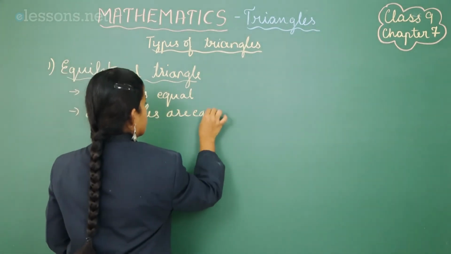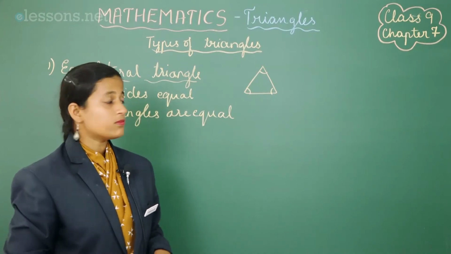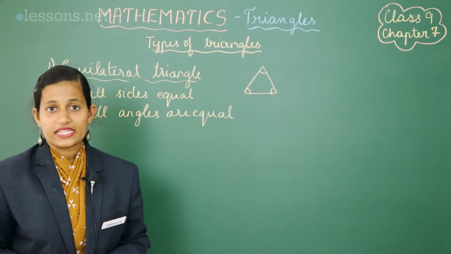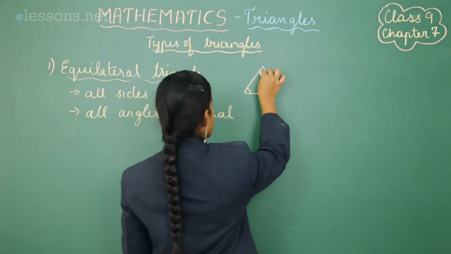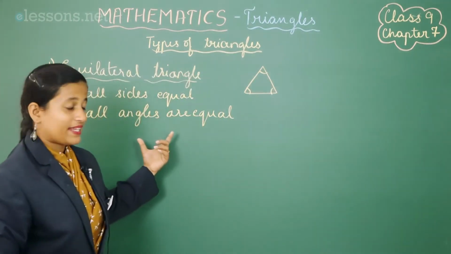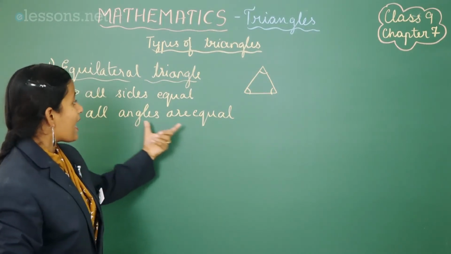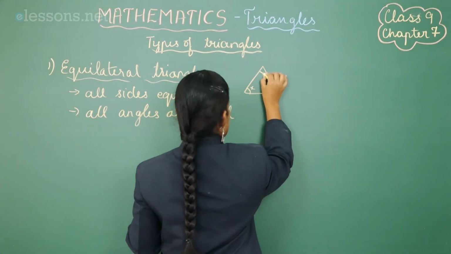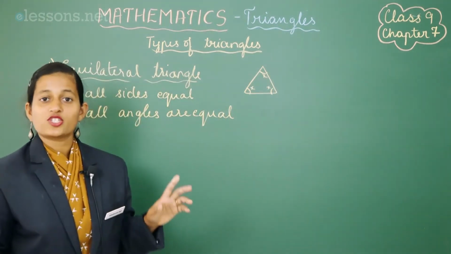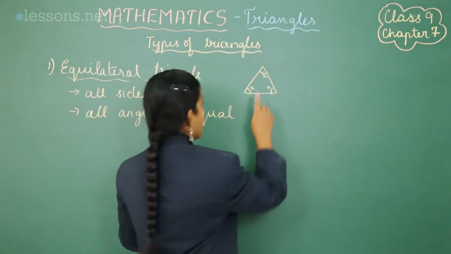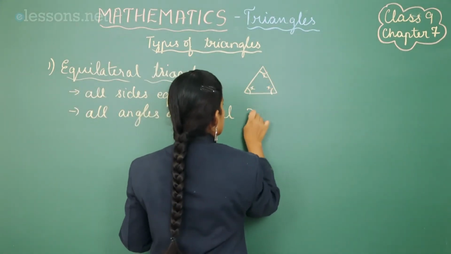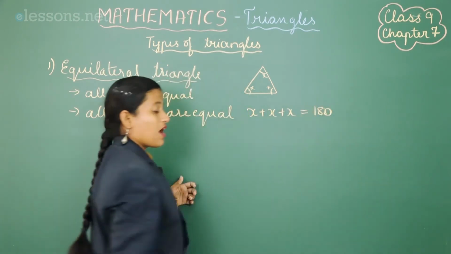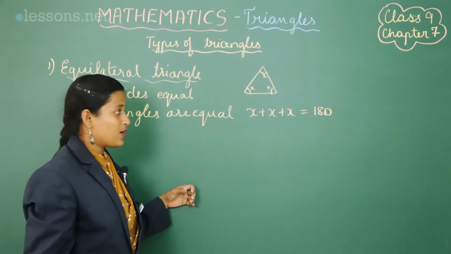You know that the sum of the angles in a triangle is 180 degrees. So if the sum is 180 degrees and in an equilateral triangle all angles are equal, let me take each angle as x, x and x. Now x plus x plus x should give you 180 degrees, because the sum of all the angles in a triangle is 180 degrees.